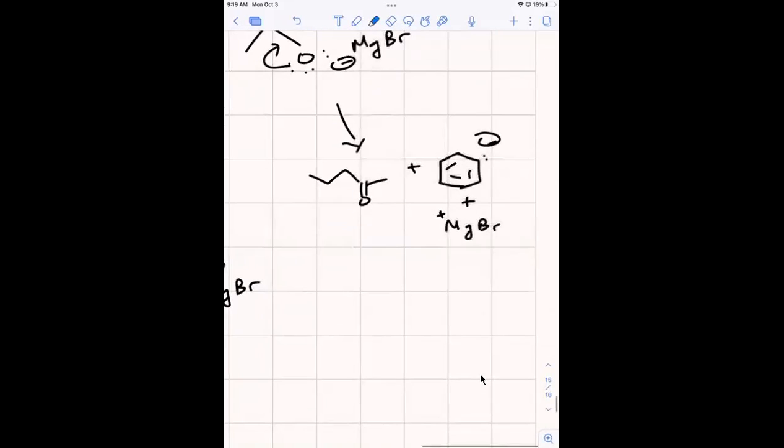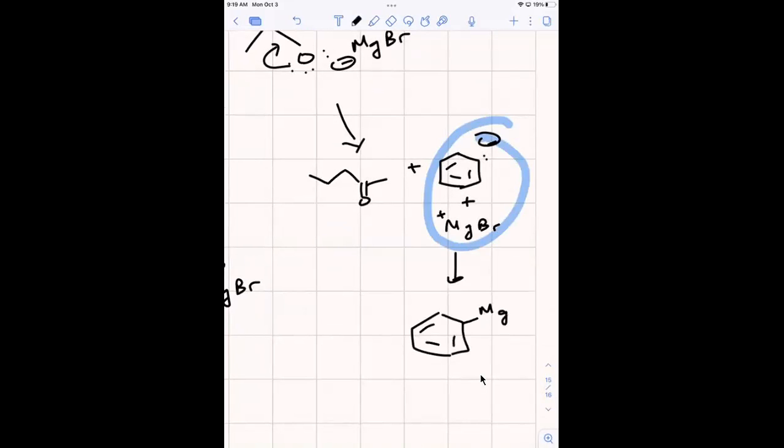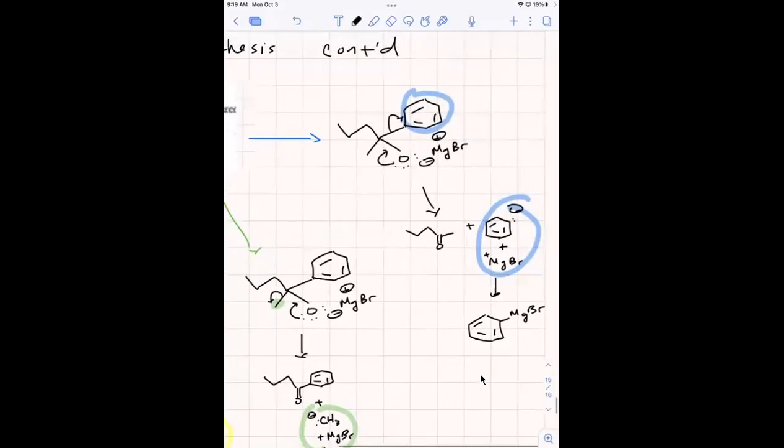And those two end up together as a Grignard, like that.